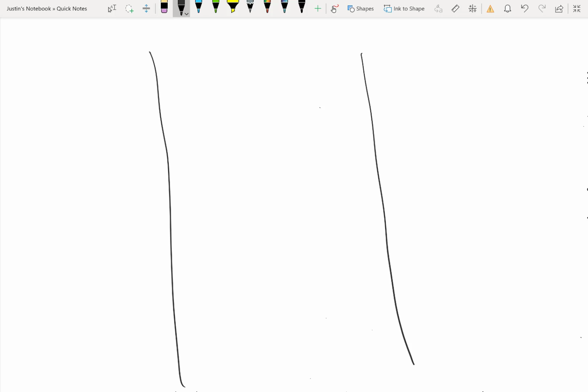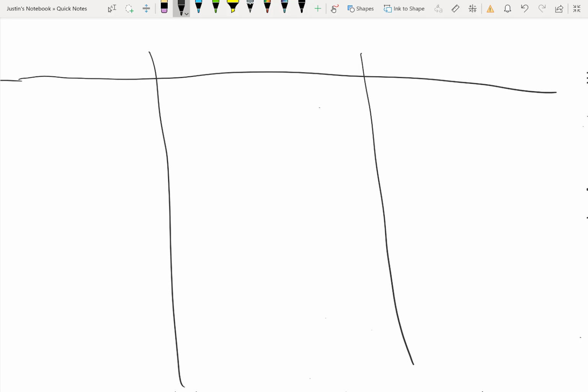So I'm going to make 3 here. Alright, so I'm going to put S for symbol. And this is what it stands for. I'm just going to write stands for. And then example.